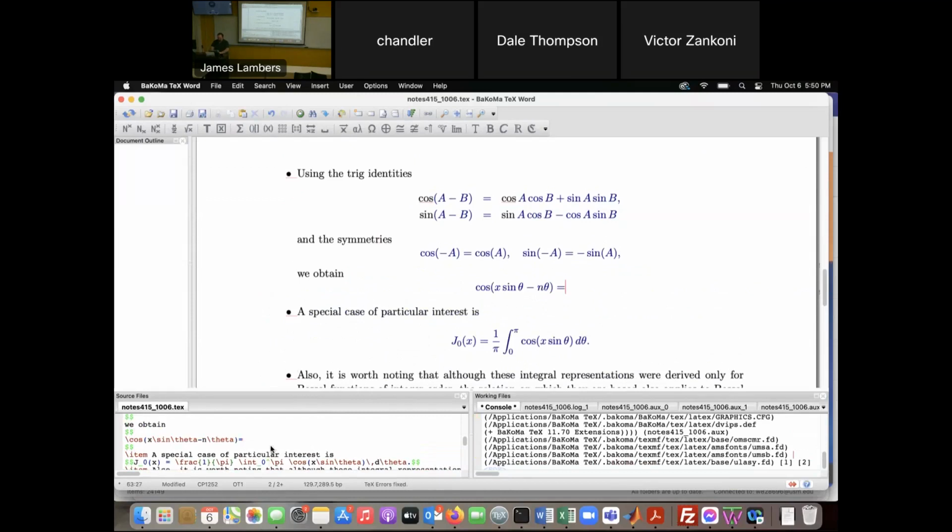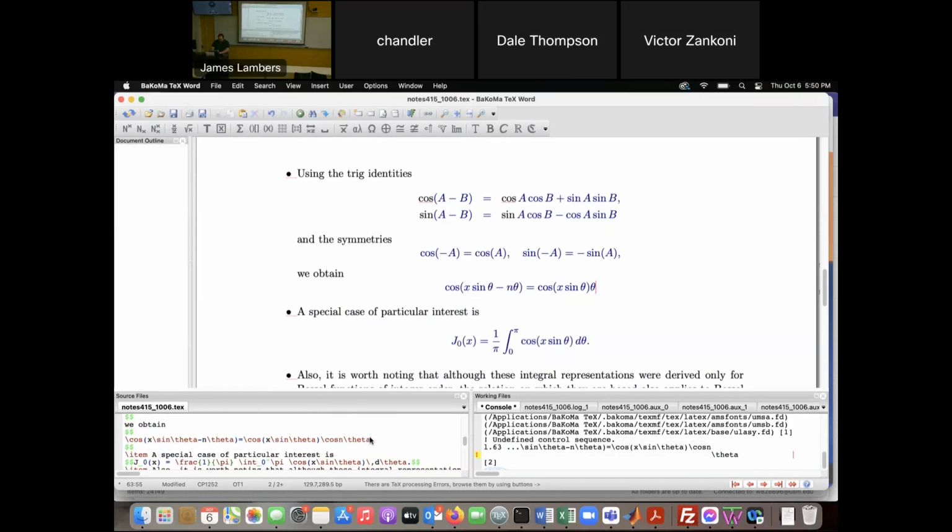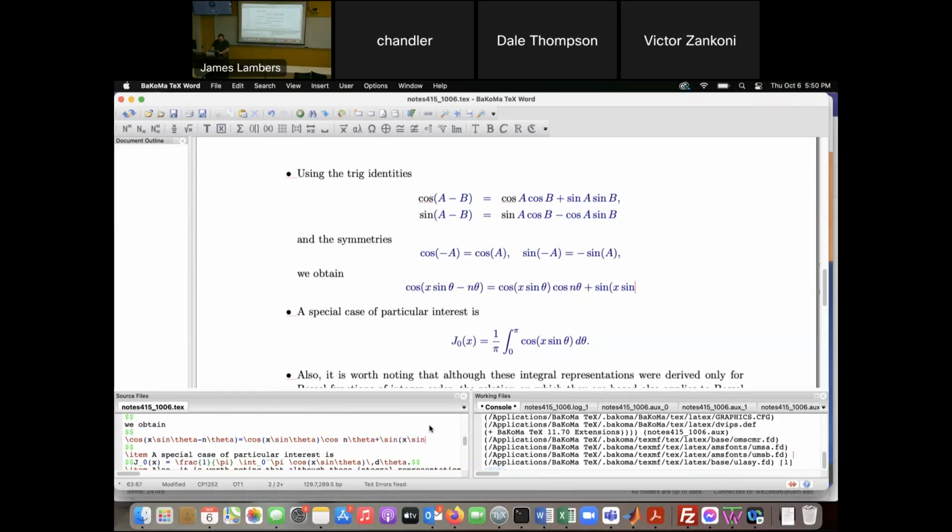That's going to give me cosine of x sine theta cosine n theta plus sine of x sine theta sine n theta.